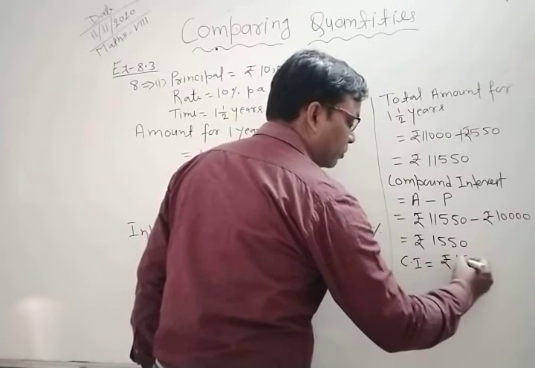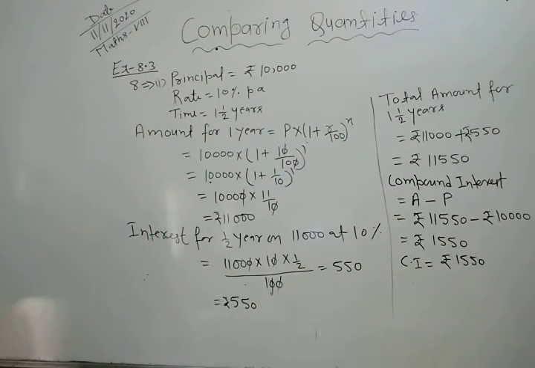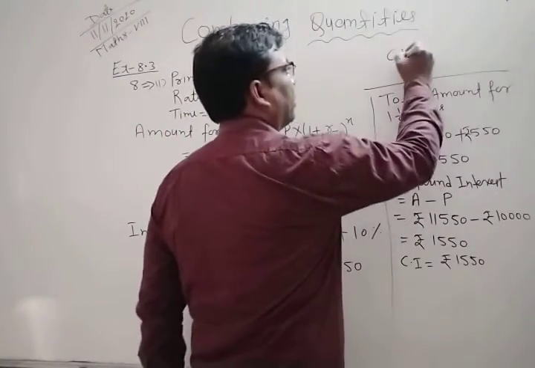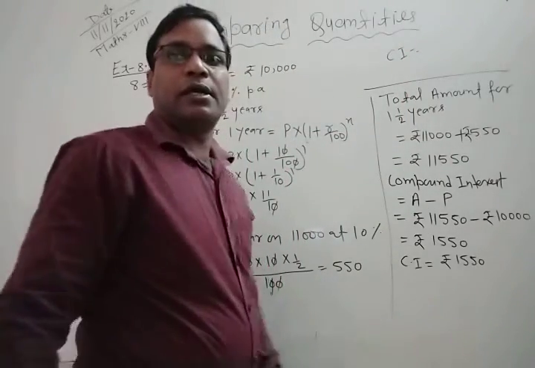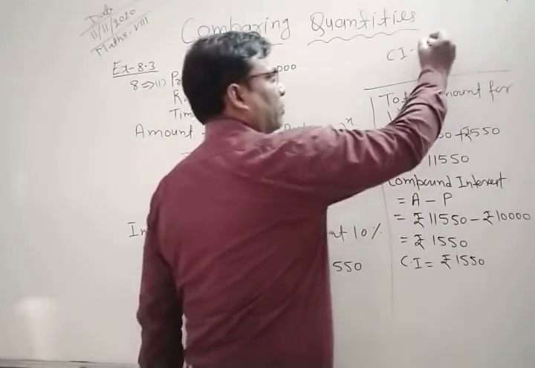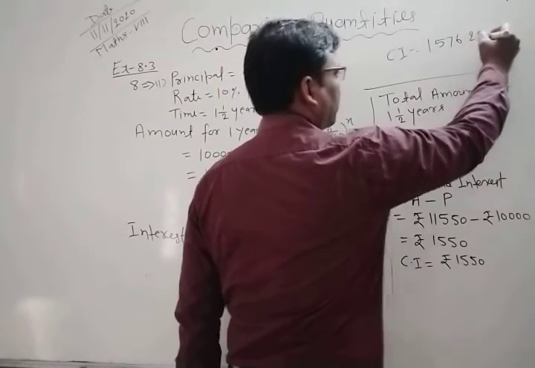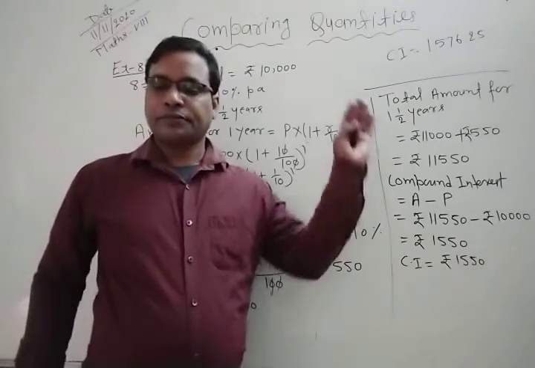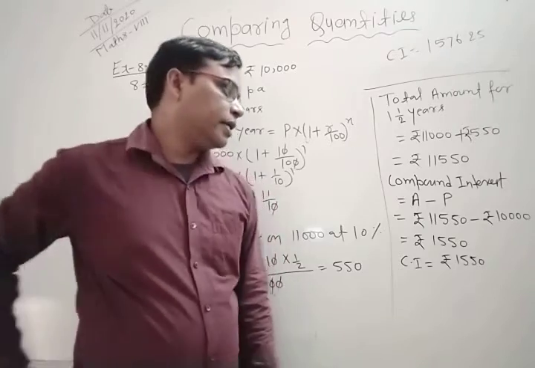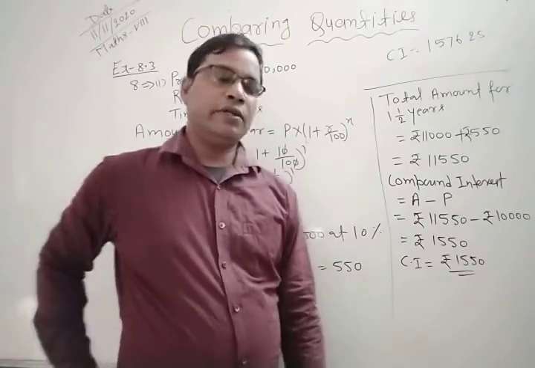The compound interest is 1,550 when compounded annually, but when we found the CI compounded half yearly, it is 1,576.25 rupees. Okay, this is the interest that we find compounded half yearly, and this is the interest that we find, 1,550, compounded annually.